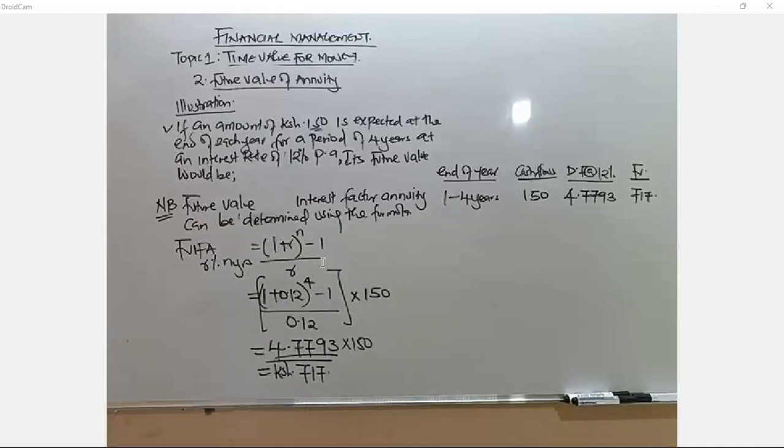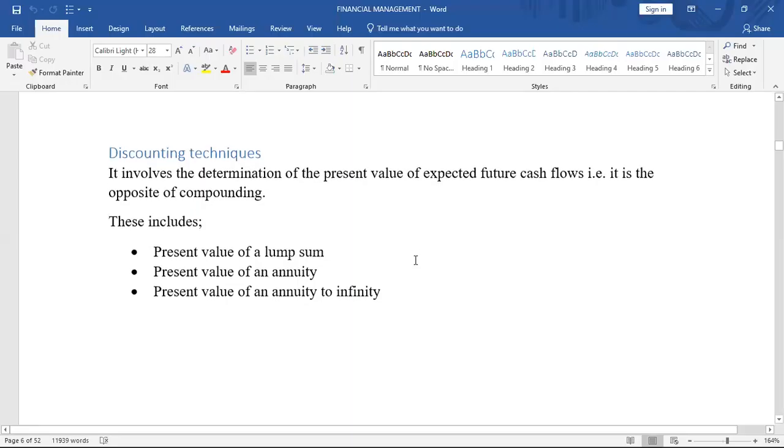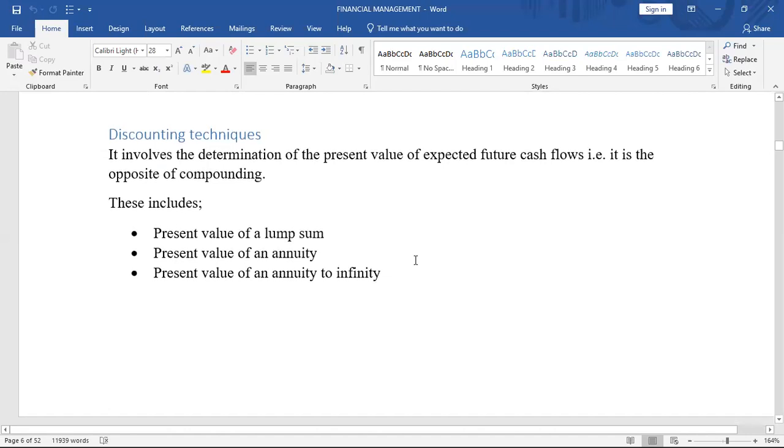But the most important area I just want to focus on is the discounting techniques, because they are the most tested in the exams and also the most applied in your concepts as you move forward. The discounting techniques.